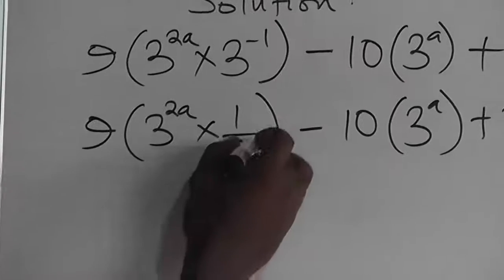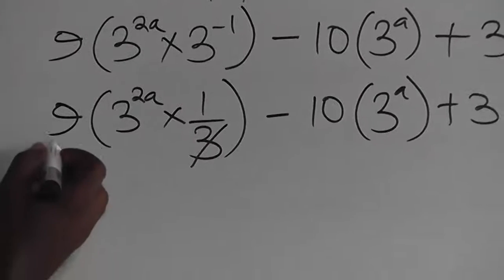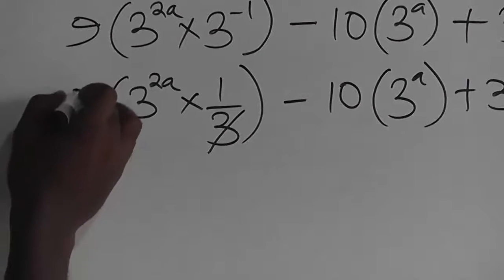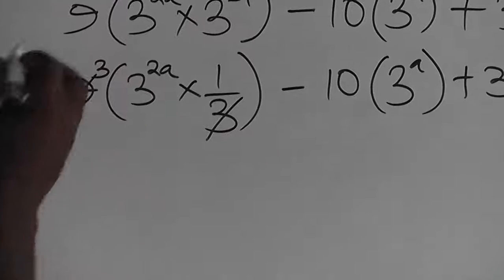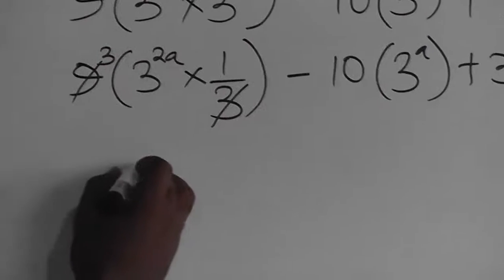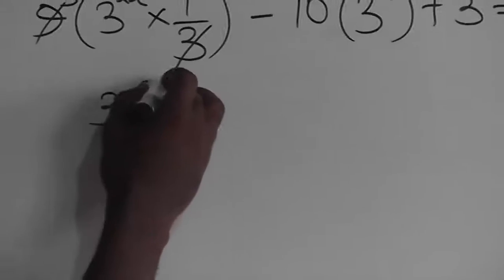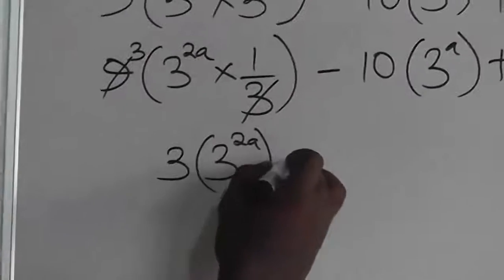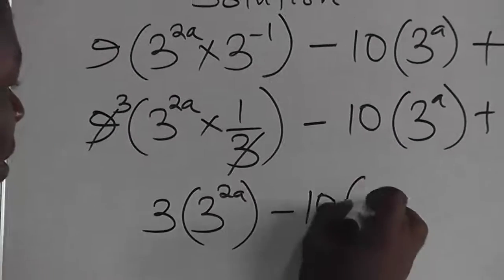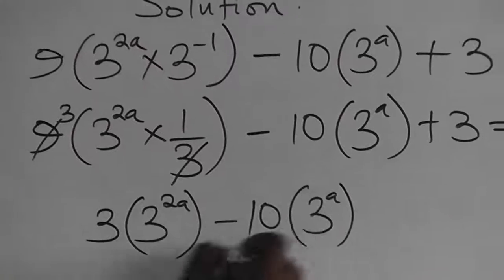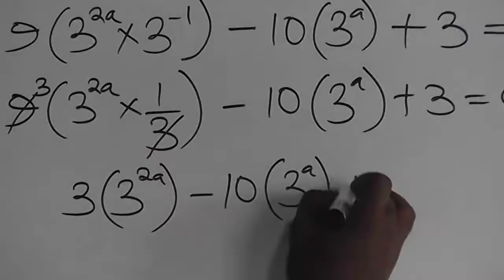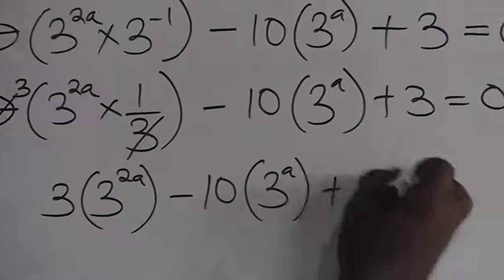So this 3 can cancel out 9 and then you have 3. So what you have here will be 3 into bracket 3 raised to power 2a minus 10 into bracket 3 raised to power a plus 3 is equal to 0.